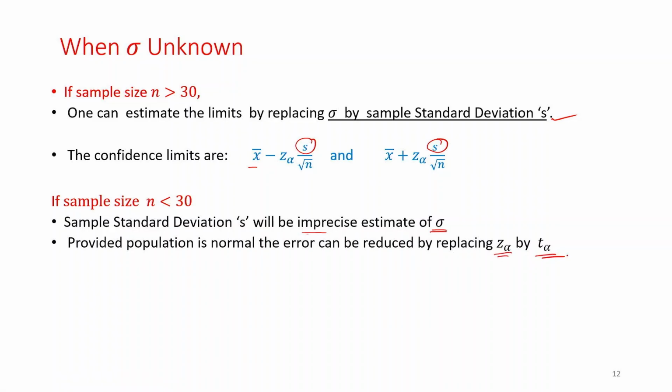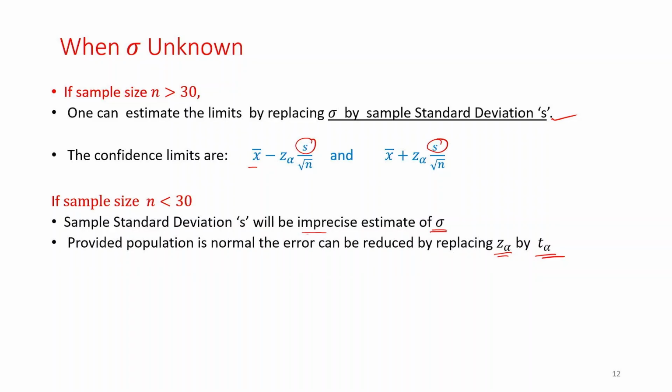That is the t distribution. You have also learned earlier what the t distribution is. The t distribution is a little different from the normal distribution, and it approaches the normal distribution when n is very large.